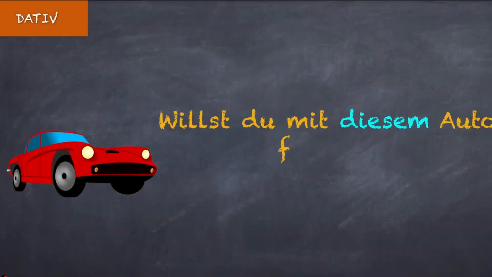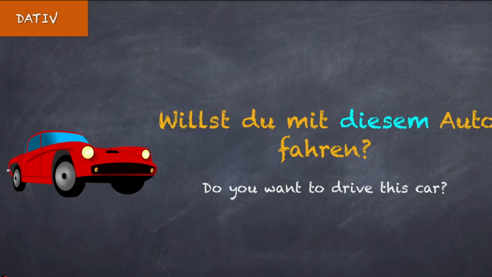The next example is with the dative preposition, mit. If you want to revise dative prepositions, you can watch our video on the same. The link can be found below in the description. Coming back to the example, willst du mit diesem Auto fahren? Since mit is a dative preposition, we need a dative article.